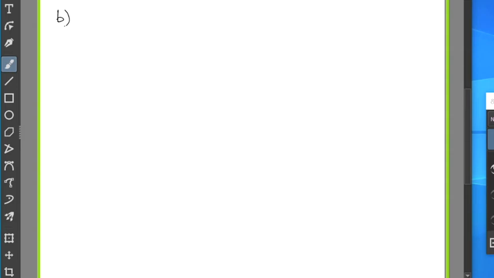So in the B task, we need to show that the line integral of all of these vector fields along all of the curves are equal. Now, one way to do this would, of course, be to calculate these line integrals using the definition.